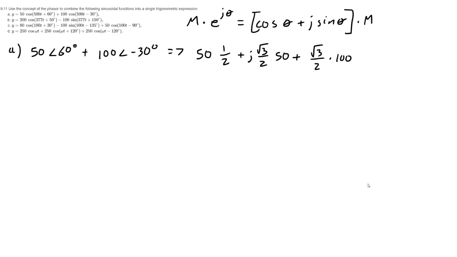Actually, yeah, it is. The sine is the negative one. So j is going to be negative 1/2 of 100.